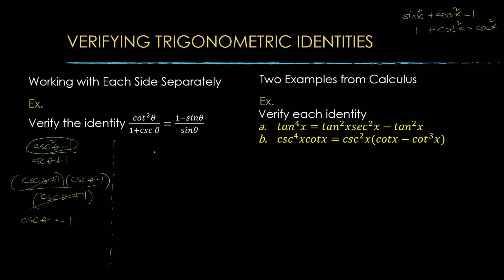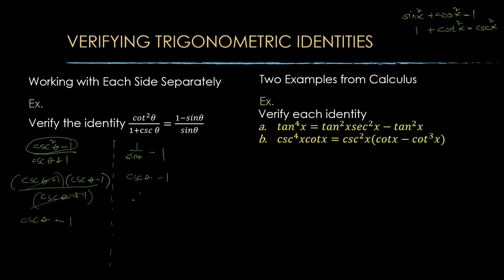Okay, so how about if we try to manipulate naman the other side of the equation? For the right hand side of the equation, if I chop this fraction into 2, I can have 1 over the sine of theta. And what is 1 over sine of theta equal to? That is basically equal to cosecant of theta, minus 1.